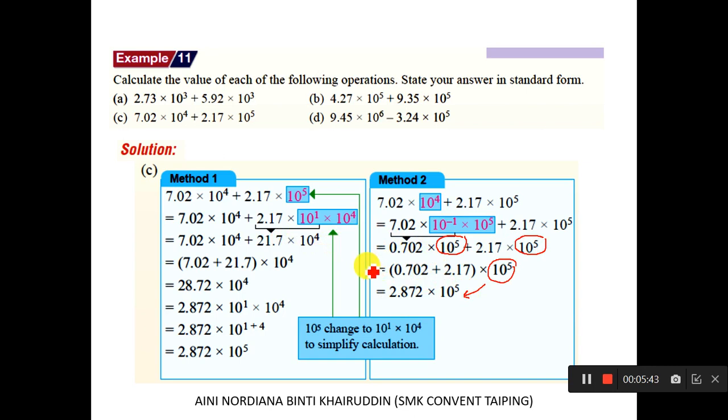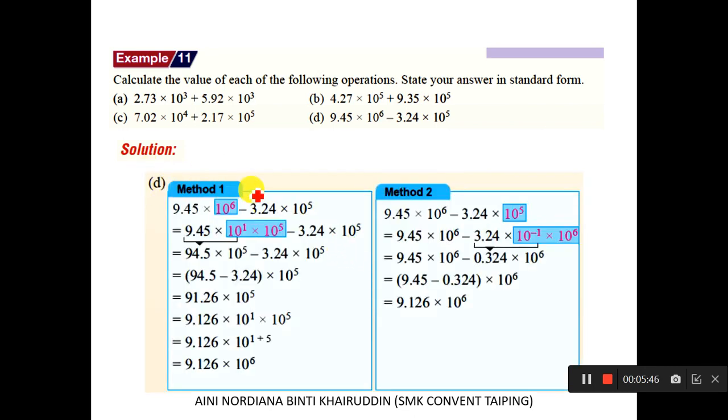Next, question D. For the first method, 10 to the power of 6 changes to 10 to the power of 1 times 10 to the power of 5. When we add these two powers, it becomes 6. So actually we want both to equal 10 to the power of 5.